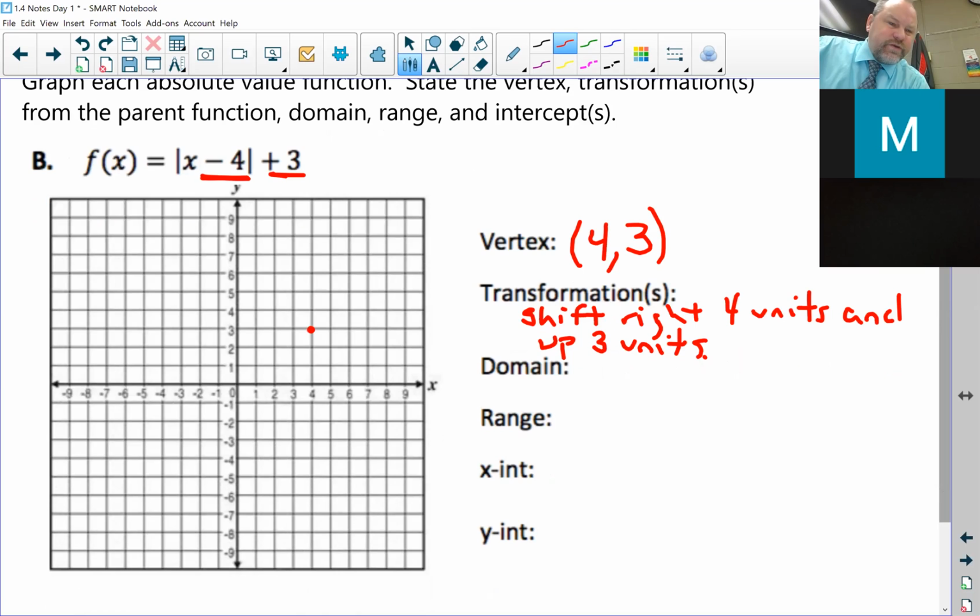Again, there's no number in front of the absolute value. So for the graph, we're just going to go over 1, up 1 in both directions to get that wonderful V shape.